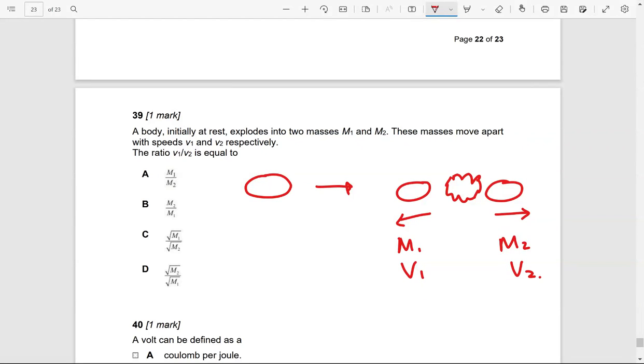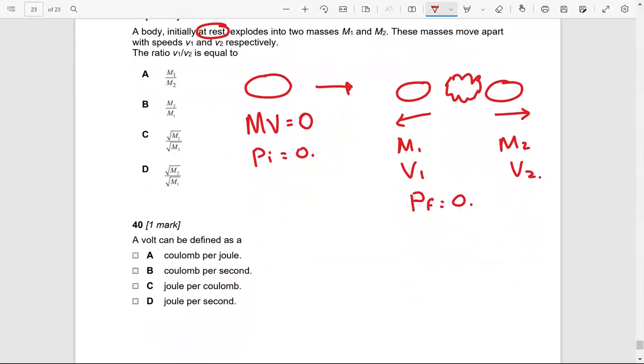Now, we know that initially its mass times velocity was 0 because it was stationary. So its initial momentum was 0, which means its final momentum has to be 0 as well. So let's treat these as vectors.